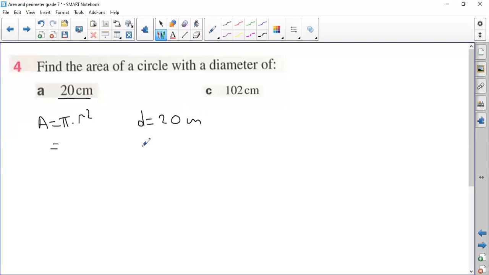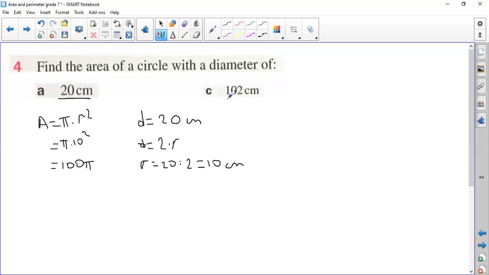We know that diameter is equal to 2 times radius. It is the longest chord we said, which passes through the center of the circle. So what is r? R will be 20 divided by 2, which is 10. Okay, so the radius of this circle will be 10 centimeter, which means the area is pi times 10 squared, which is 100 pi.